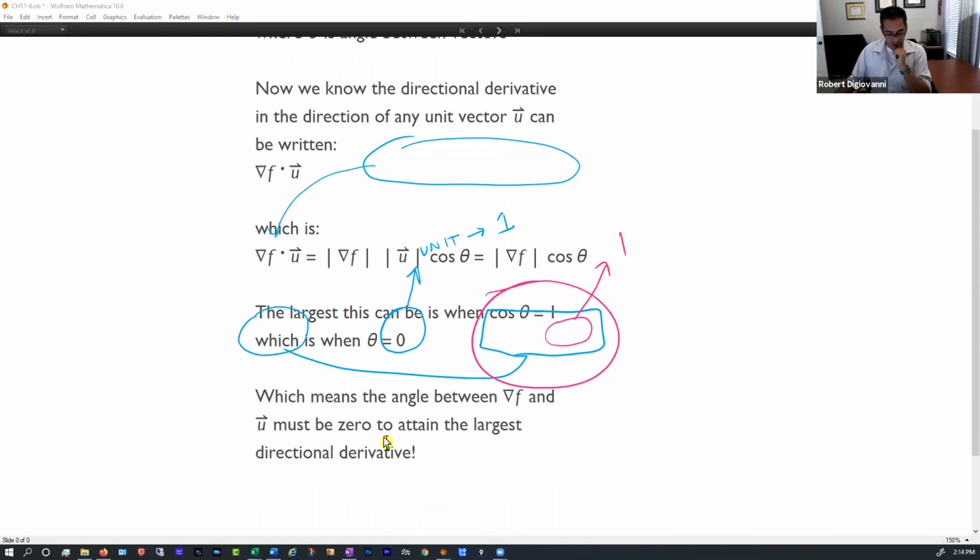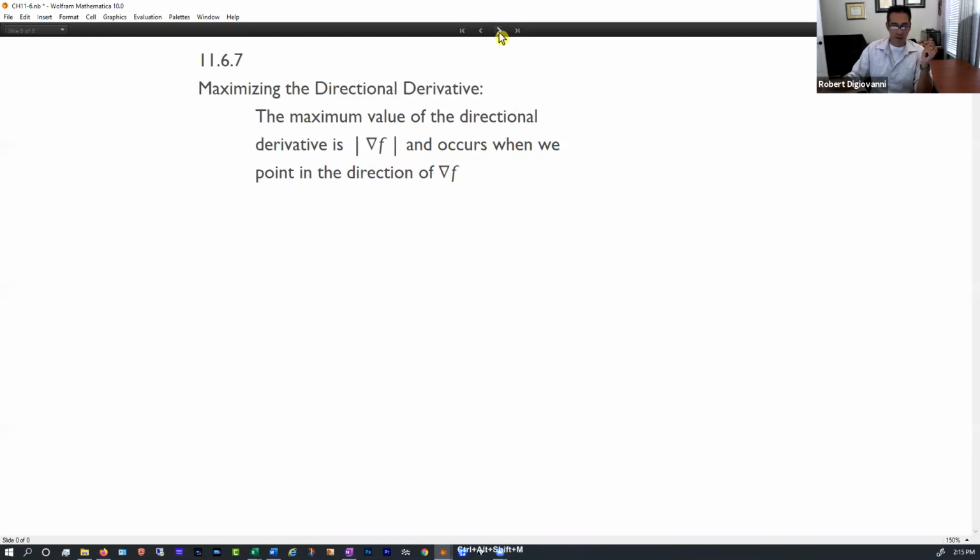Okay, so let me see here. The angle between the two has to be 0 in order to attain the largest directional derivative. And that takes us to this ultimate result. The maximum value of the directional derivative is simply the magnitude of the gradient vector, and it occurs when we point in the direction of the gradient vector.